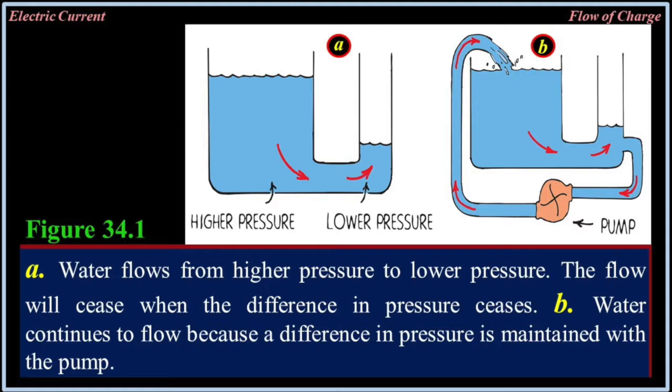Then there will be a continual difference in water pressures and a continual flow of water. The same is true of electric current. Concept check: what happens when the ends of a conductor are at different electric potentials?